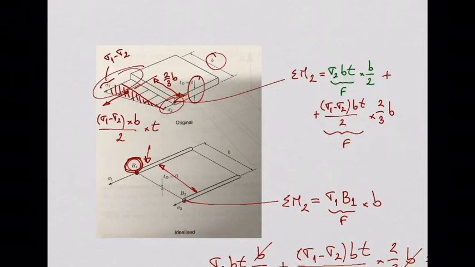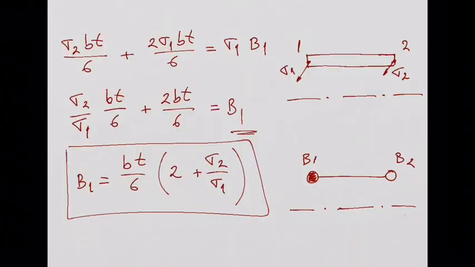I said that. It comes from the bending of the cross-section. So I need to calculate these stresses in this equation, sigma 2 and sigma 1, also from bending, because I built my model based on the bending.